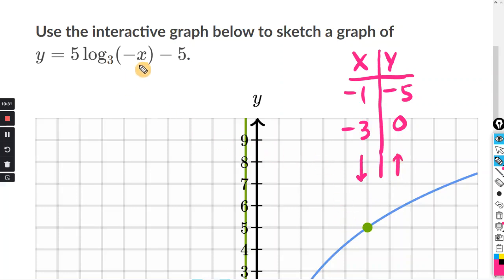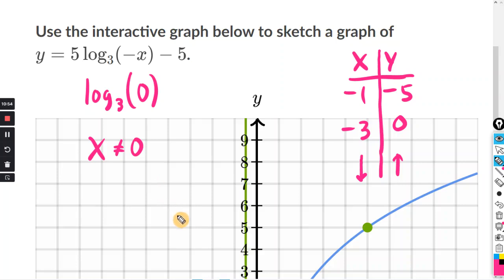But you cannot take the log of 0. If you want to try it on your calculator, you'll get an error message. So we know that we cannot do log base 3 of 0. So x cannot equal 0.